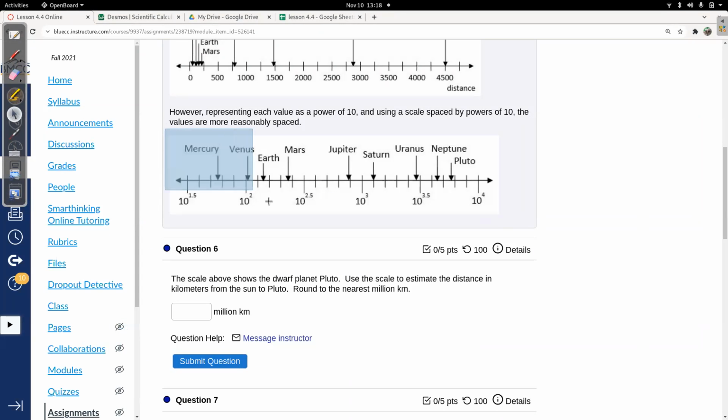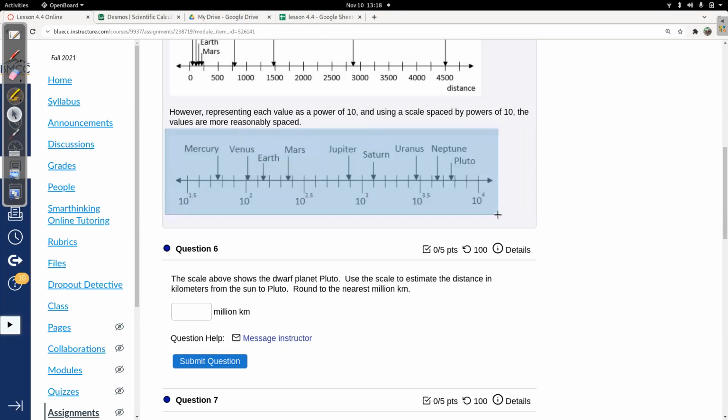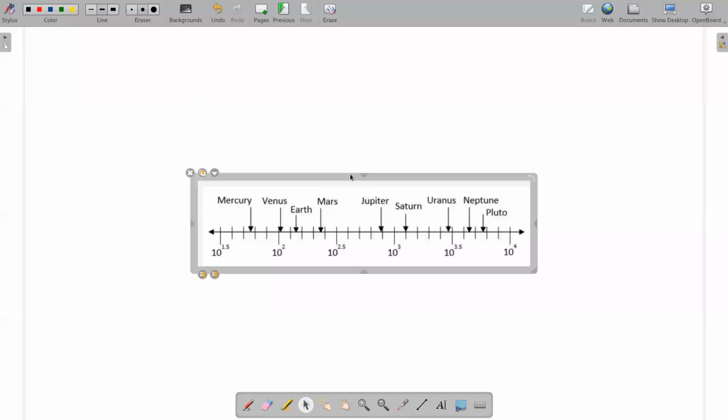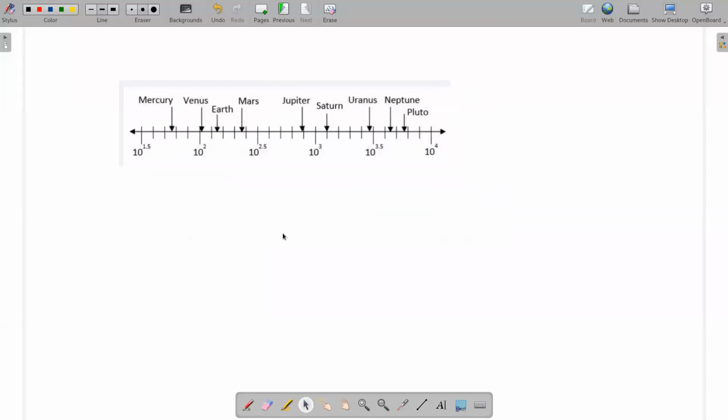Okay, so we want to identify Pluto here. And again, 3.5, 3.6, 3.7. So that right there is the power 3.7. This right here is the power 3.8. And so I think Pluto is a little bit past halfway.